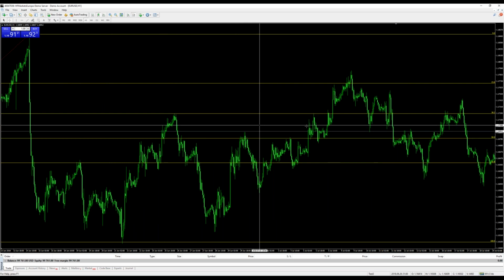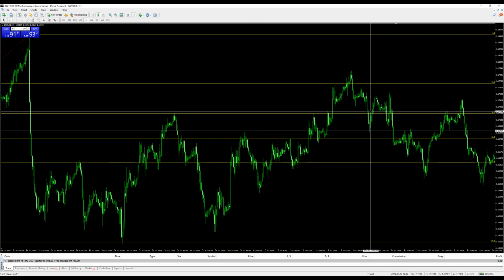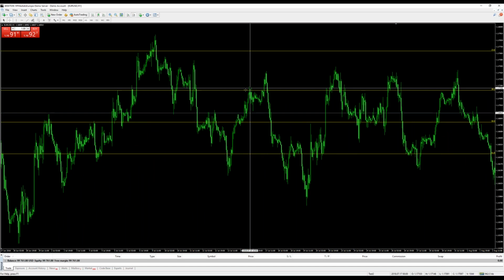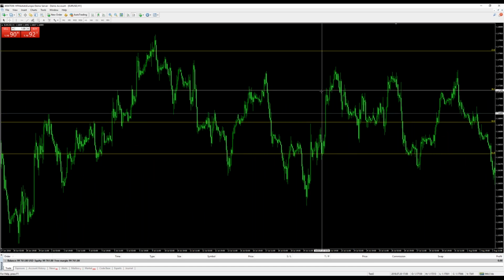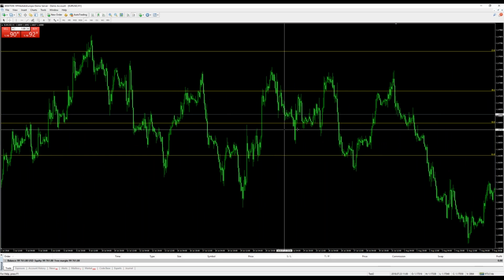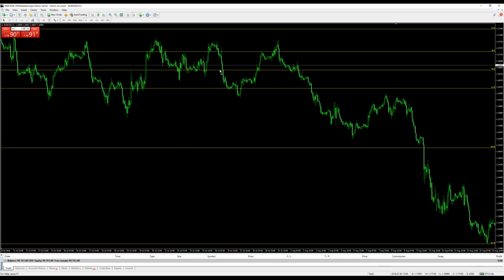On this occasion, here as well, you have again indecision setting in. So in many cases, the third retracement level is just bouncing the price off really, really sharply. The same goes for the second retracement level.